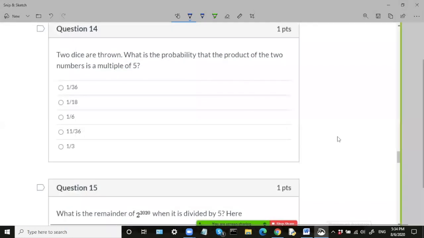Problem 14. 2 dice are thrown. What is the probability that the product of the two numbers is a multiple of 5? First, let's review the probability formula.